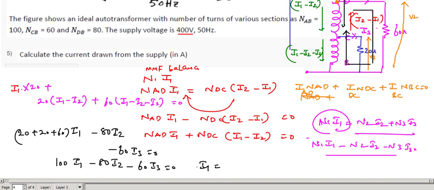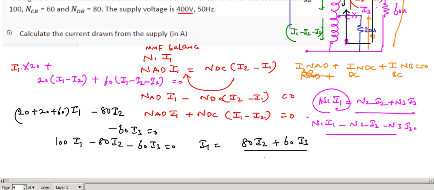So I1 equal to, he asked for the supply current, so (80 I2 plus 60 I3) by 100.